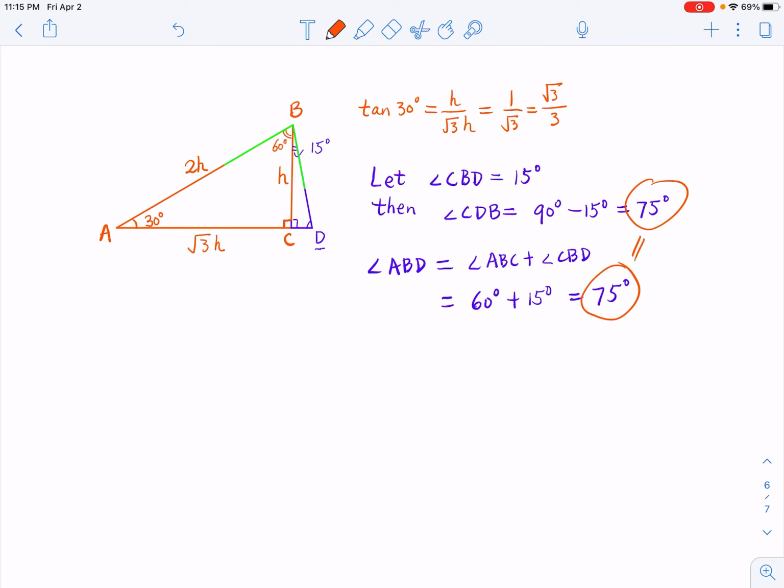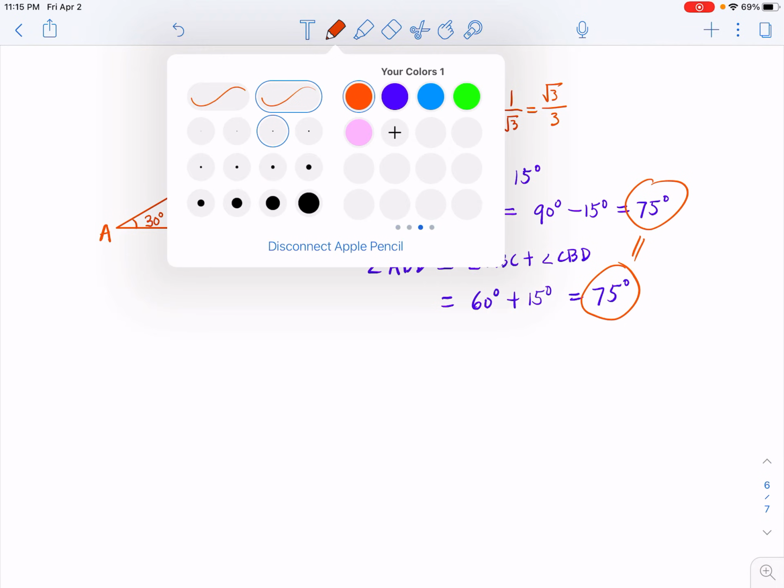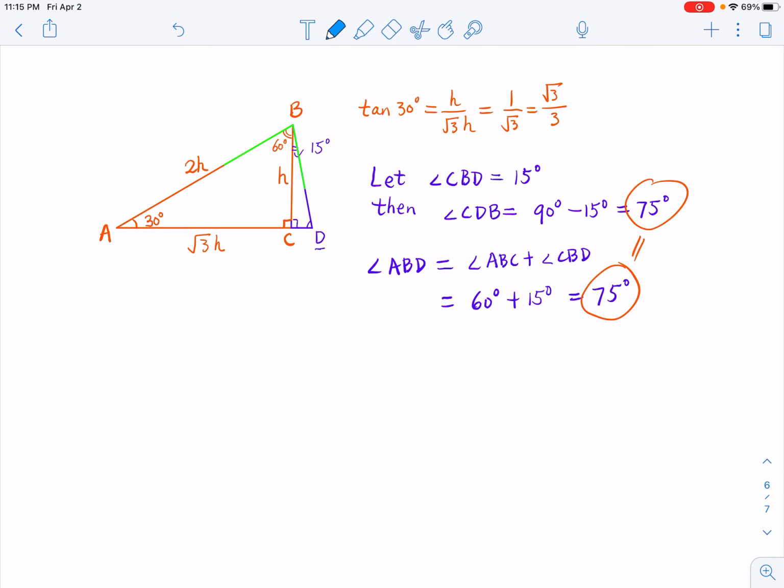Let's examine the bigger triangle here. I'm going to use a different color now, the blue color. So look at the bigger triangle, triangle ABD.